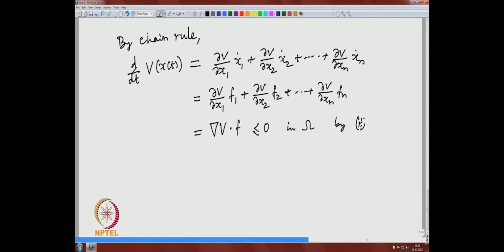Okay. So, now if you put this back, remember, in the integrand we have this expression, and by the chain rule I have computed it and shown that it is less than or equal to 0. Now you go back.